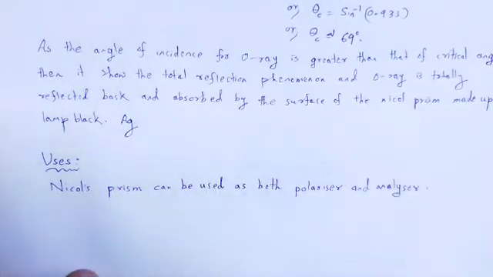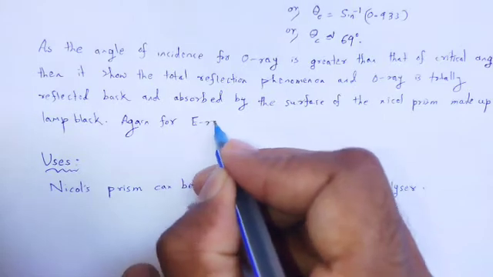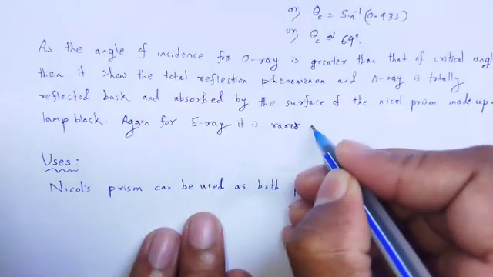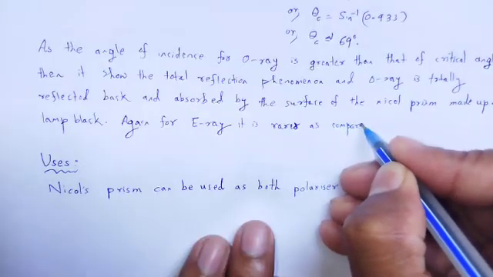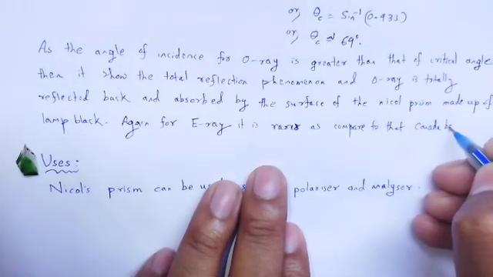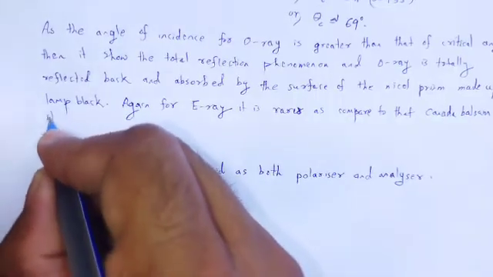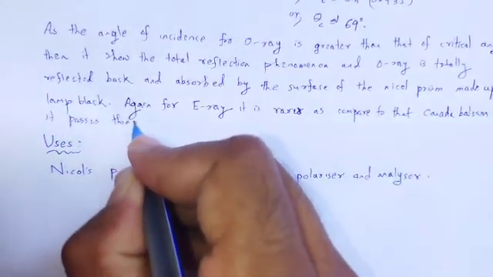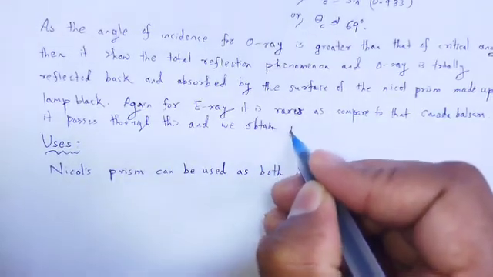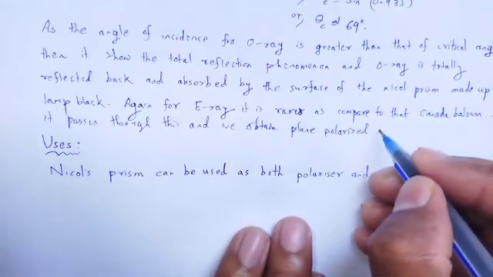Again, the E ray is rarer as compared to the Canada balsam, so it passes through this and we obtain plane polarized light.